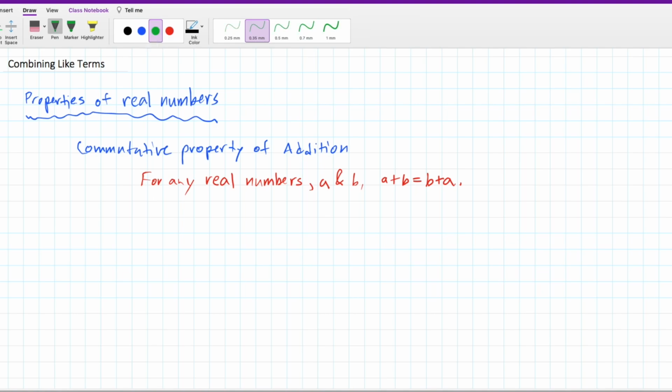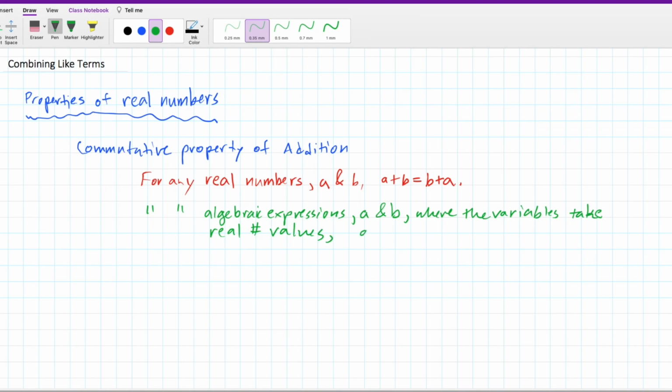We can simply rewrite this as for any algebraic expressions, where the expressions are a and b, where the variables take real number values. We again get a plus b equals b plus a.